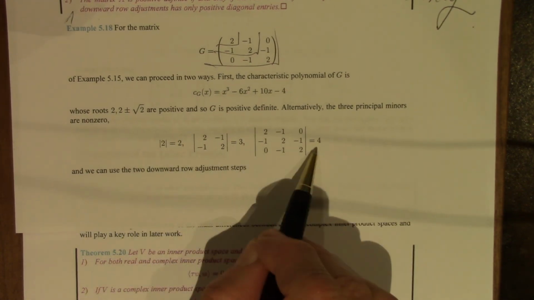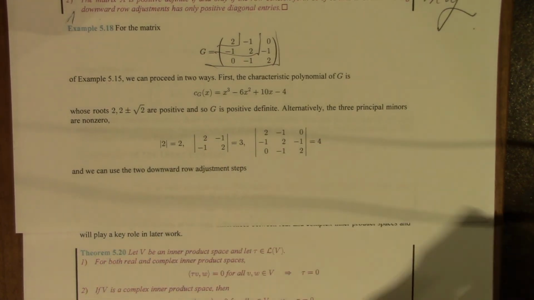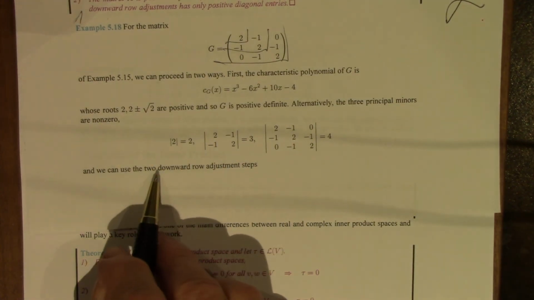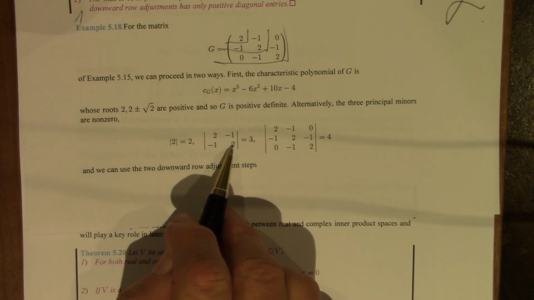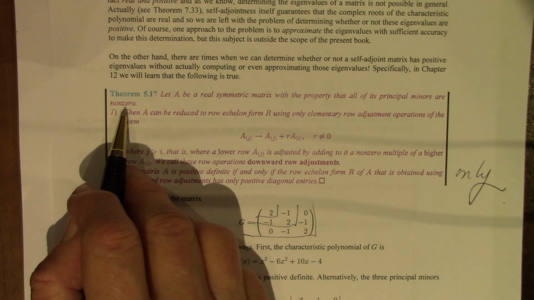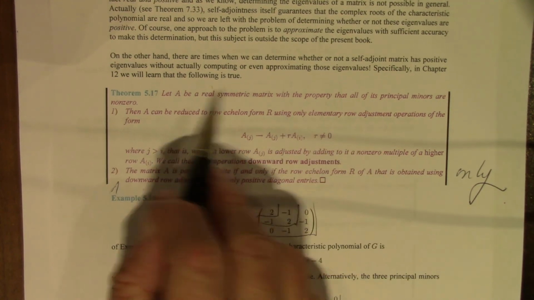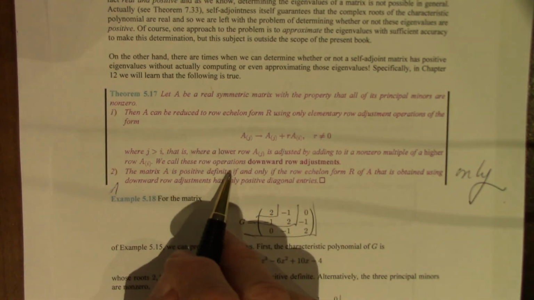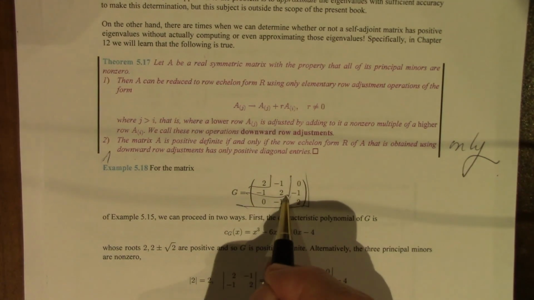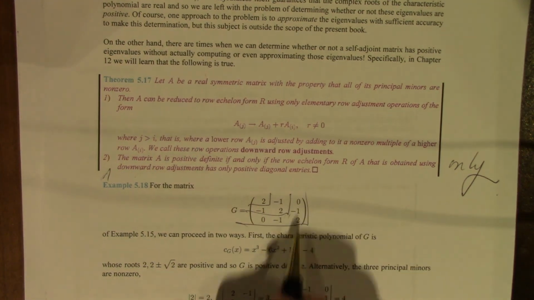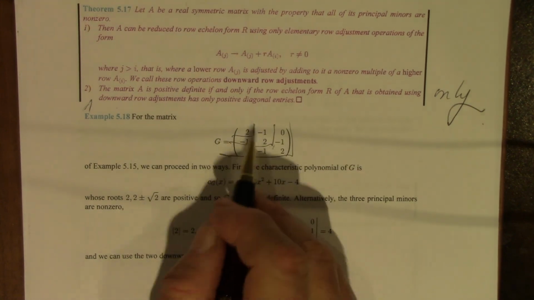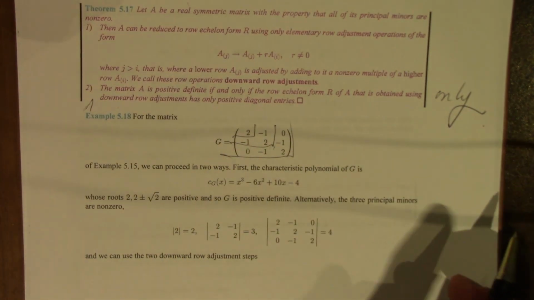These are the principal minors, 2, 3, and 4. And these are all non-zero. That's part of the requirements of the matrix in order for this theorem to hold. It's real, it's symmetric, and all its principal minors are non-zero. So all these principal submatrices are invertible.